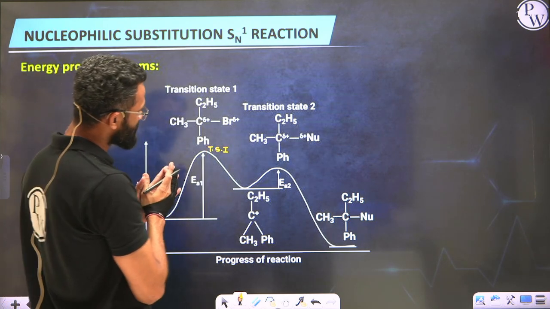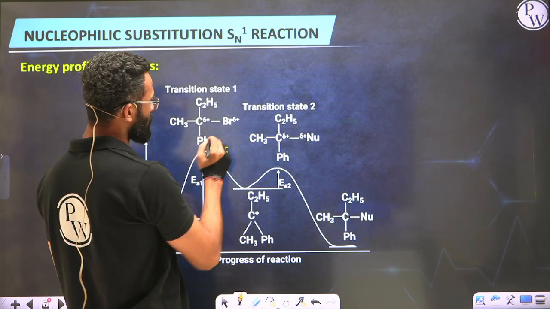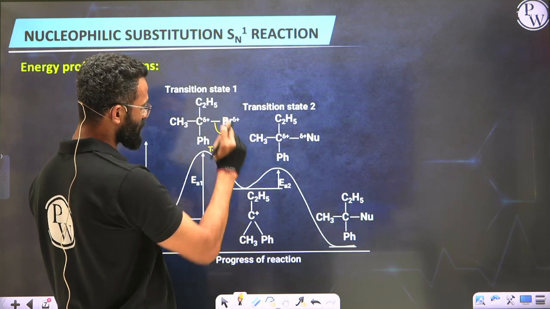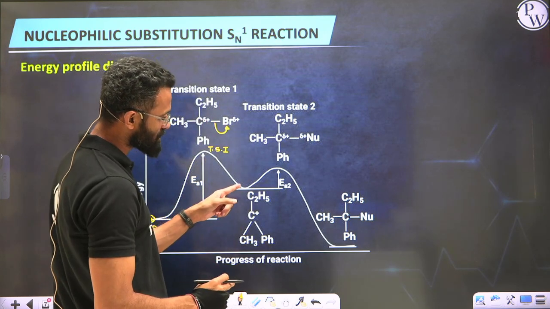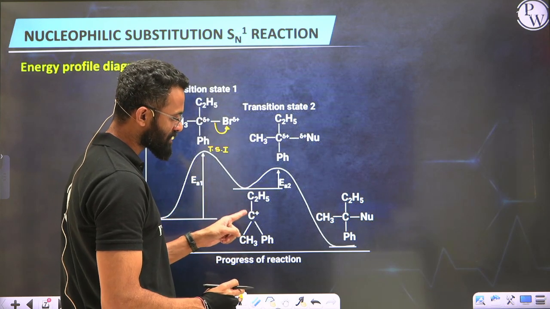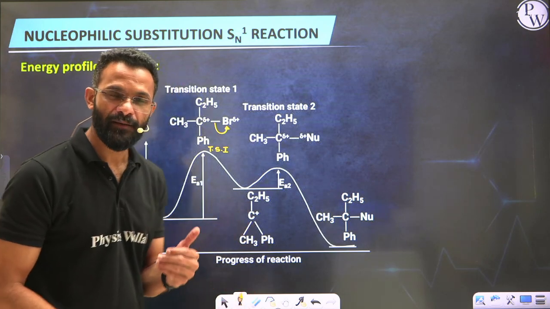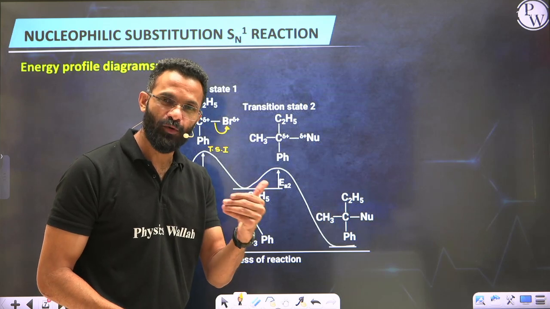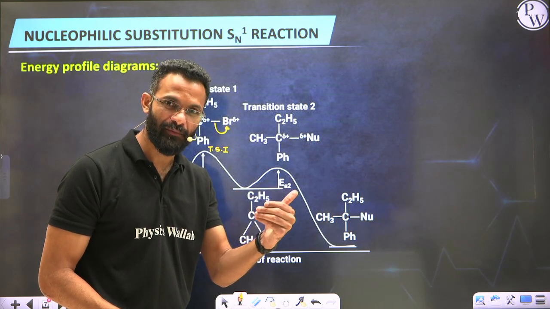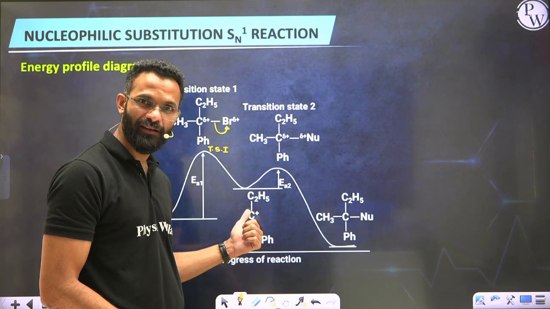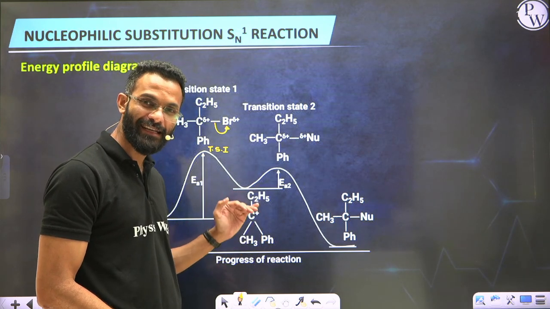Then what happens? Immediately the carbon-bromine bond dissociated, and this got converted to a carbocation. Because the carbocation formed is tertiary, we know from general organic chemistry that tertiary carbocations are more stable than secondary than primary. Because the tertiary carbocation is stable, its energy will decrease.